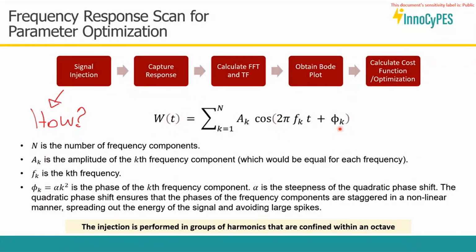Again, we don't want to violate the small signal approach, right? So we want to keep it a small signal. Although we are injecting all the signals, we want to keep it small, spreading the energy across all these different harmonics.